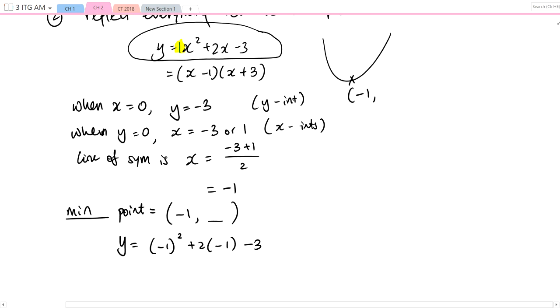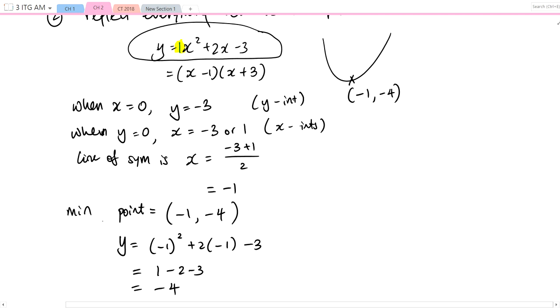I can choose to substitute into the original equation, or into the factorized form. It doesn't make a difference. So here we have 1 minus 2 minus 3, leaving us with -4. So we say that the y coordinate will be -4. So fill in the blank over here, this will be -4.